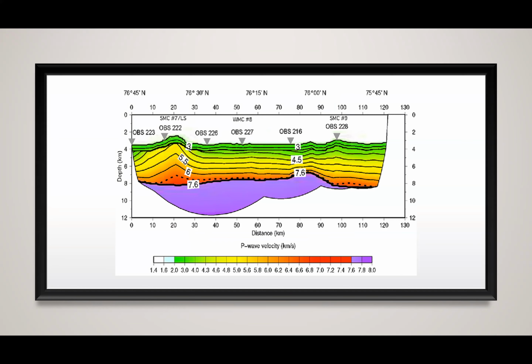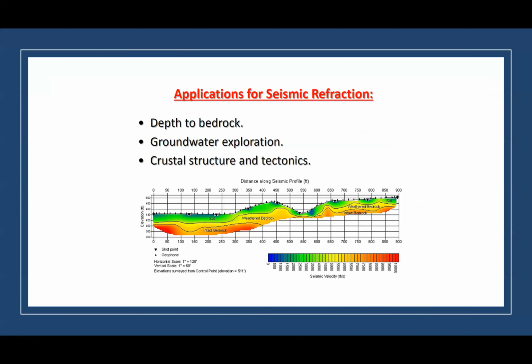A ray tracing computer program is used to honor all travel times and velocity, and to be able to consider a large number of layers where present. Some applications used for seismic refraction are to investigate the depth to bedrock, groundwater exploration, and crustal structures and tectonics.